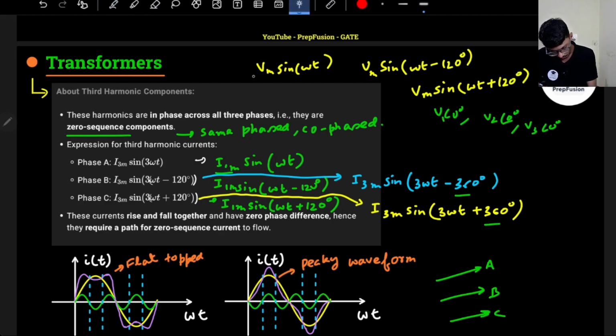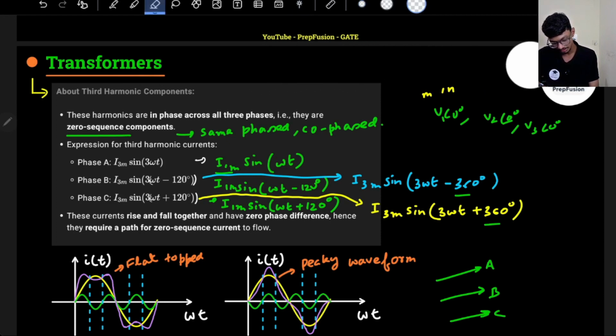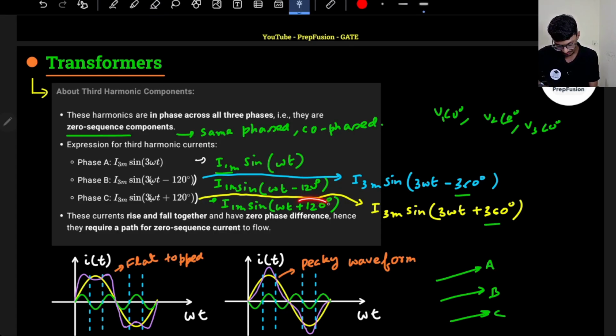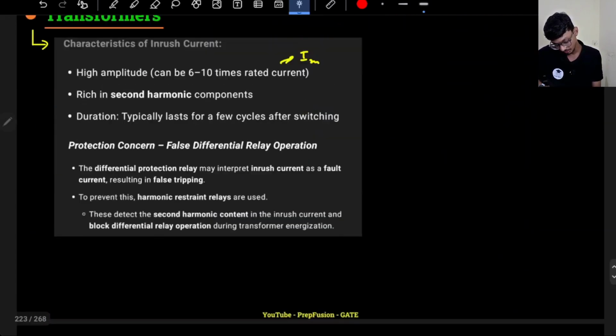The magnitudes are the same but the phase is different. But in the case of the third harmonic, the phase also becomes the same, because adding or subtracting 360 does not make any difference. We rotate a full circle, so the phase shift is zero and the magnitude is again the same, because the peak amplitude is the same. That property I will use here.